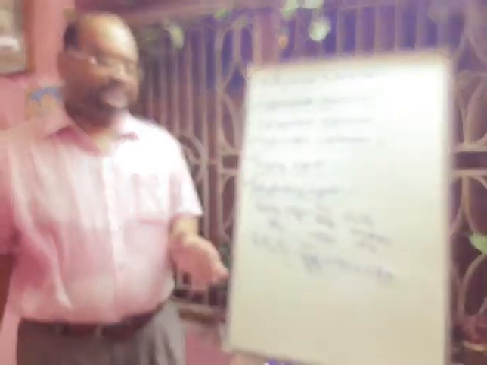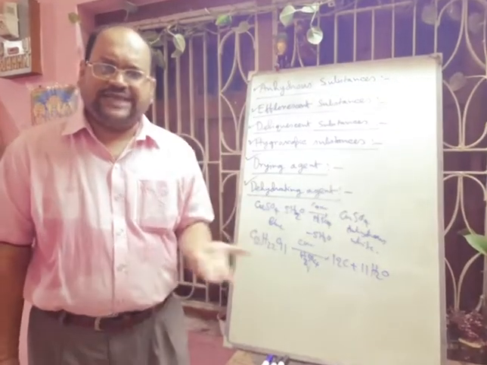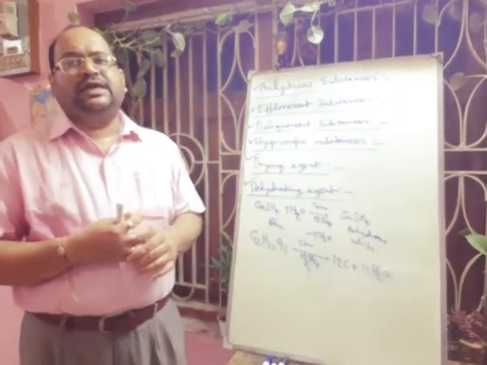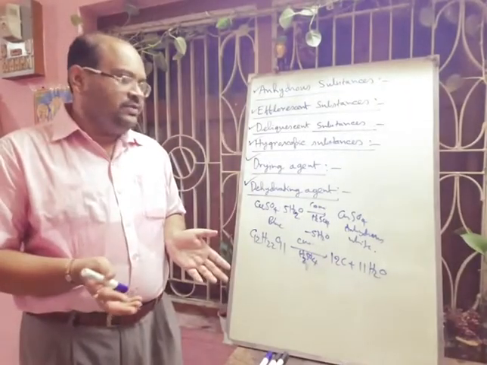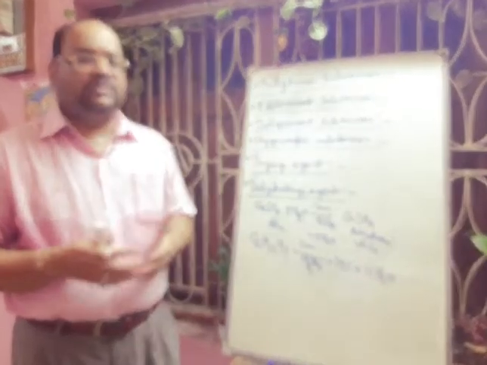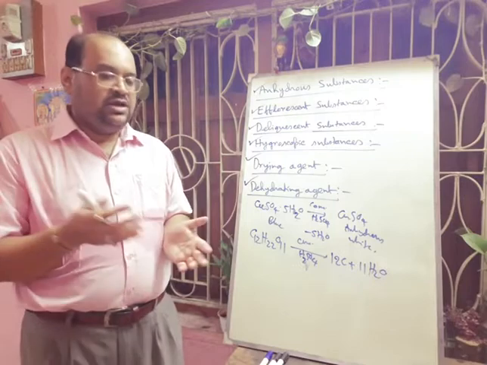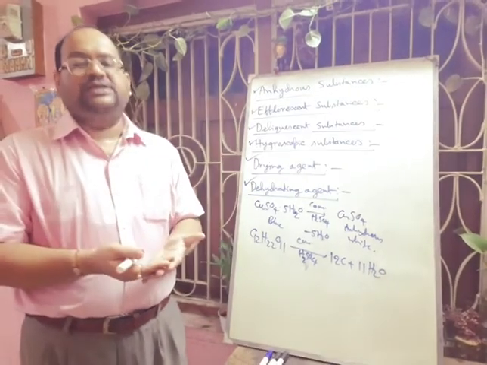Now different types of gases are there. There we are using some drying agents like concentrated sulfuric acid, calcium oxide. Suppose your gas is HCl gas, so here we cannot use calcium oxide because HCl is acidic and calcium oxide is basic.